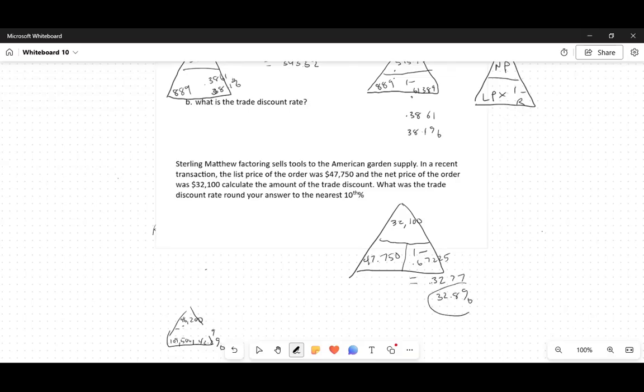So that is my discount rate. Why did I get the net price rate first? Because I used the net price and divided it by the list price. That gave me my net price rate, but I needed to subtract that from 1 to get my discount rate. That's how I solved that problem.